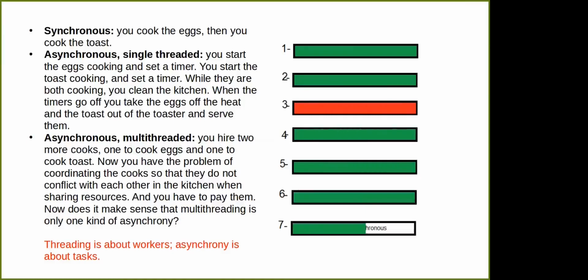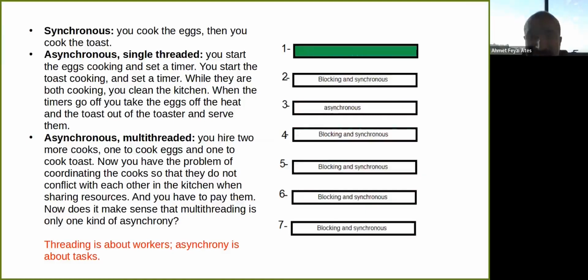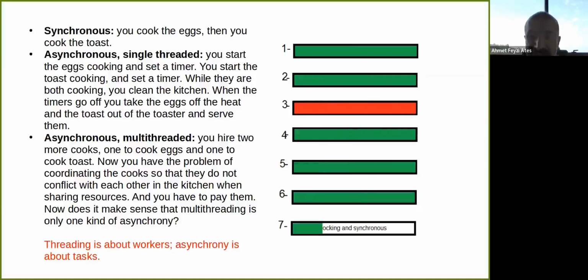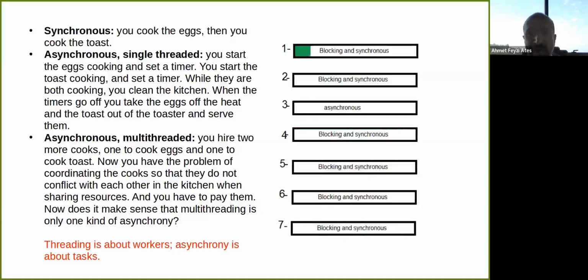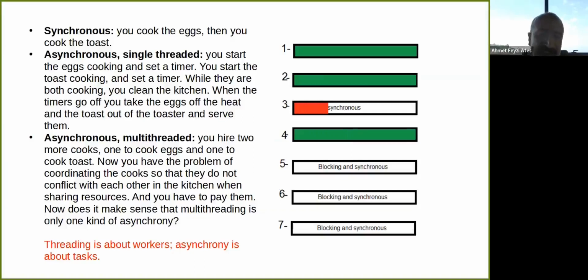Please have a look at the animated GIF. In a synchronous manner, you need to wait for the previous task to finish, but the third one, the asynchronous code, finishes later. The most important sentence in this slide is: threading is about workers, asynchrony is about tasks.